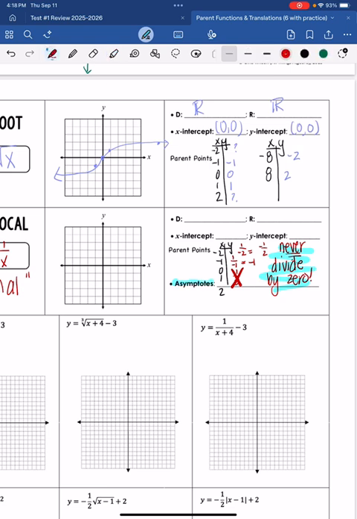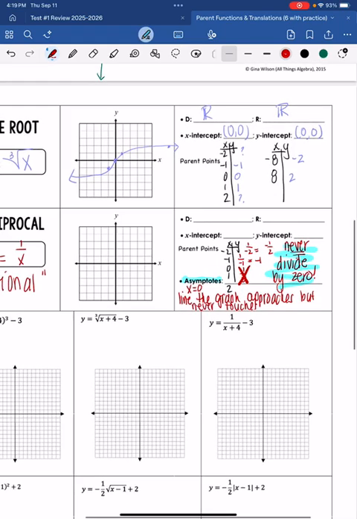And there's an asymptote at x equals 0. And an asymptote, a loose definition of an asymptote, is a line the graph approaches but never touches. It is a line that the graph approaches but never touches.